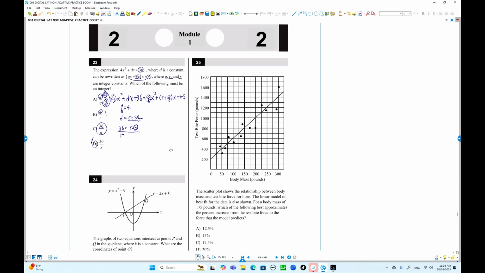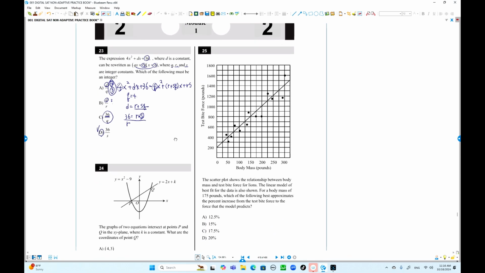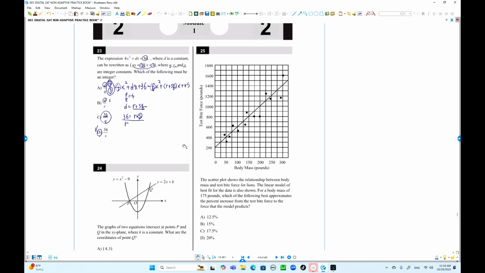Here's number 26. You have a scatter plot with a line of best fit. For a body weight of 175 pounds here, 175 pounds here, that is the actual data, but the predicted data is over here, right? This is the predicted data.